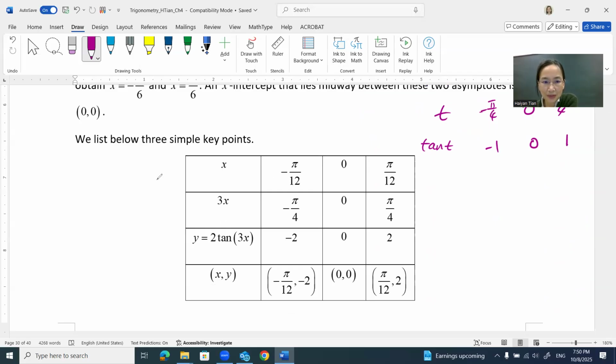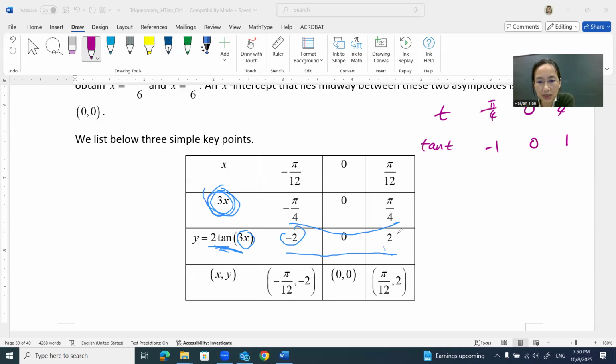To remember, the trick is to make it a basic function, but view this whole thing as a t and view the tangent of t, just the basic function. Then we know the 3 key points, and we find y as twice that tangent value. So instead of -1, 0, +1, we get twice the function value.